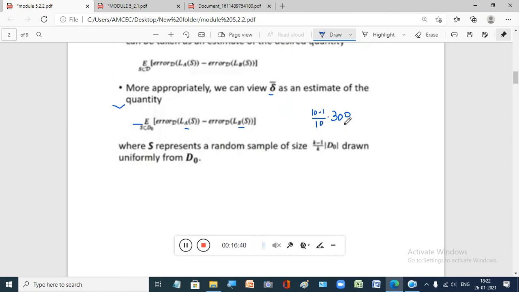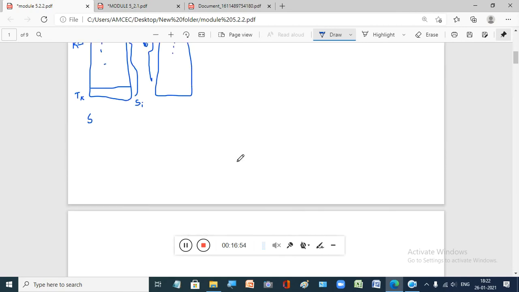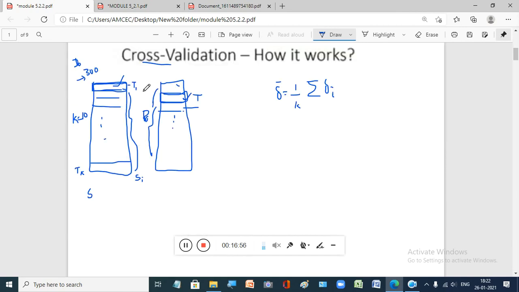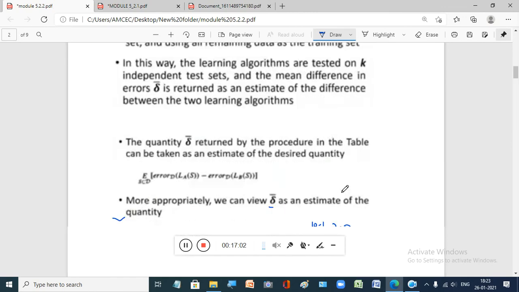Every time you apply this particular method, out of 300 data points, 270 data points will be used for training and the remaining 30 data points will be taken for testing, right? This is what we understand from this.